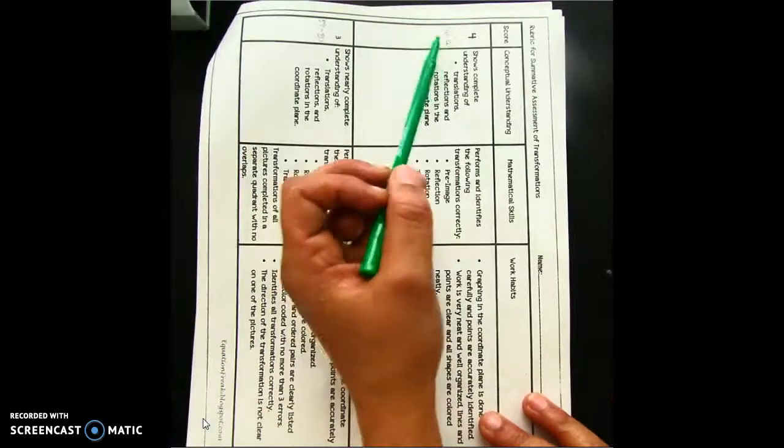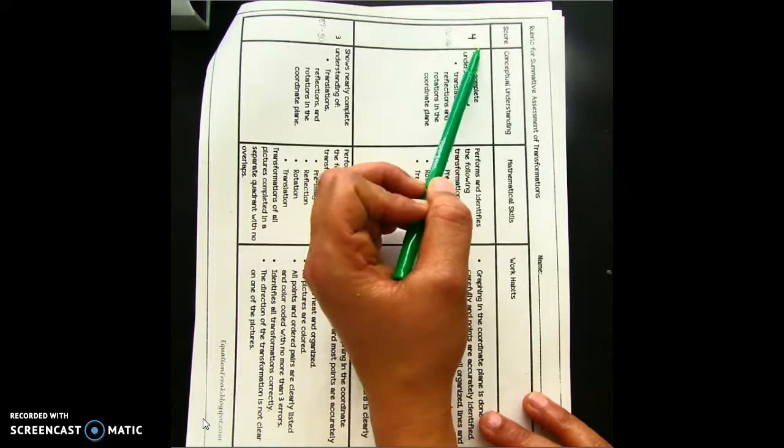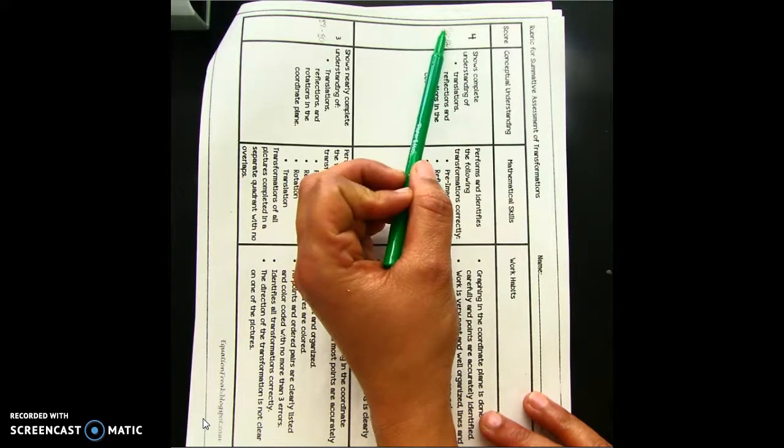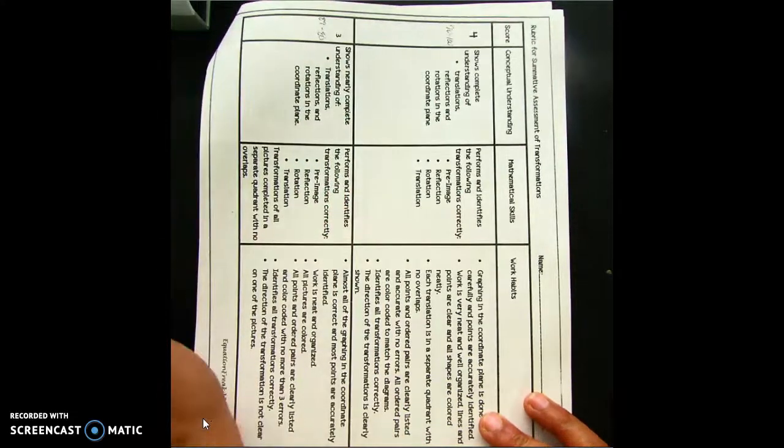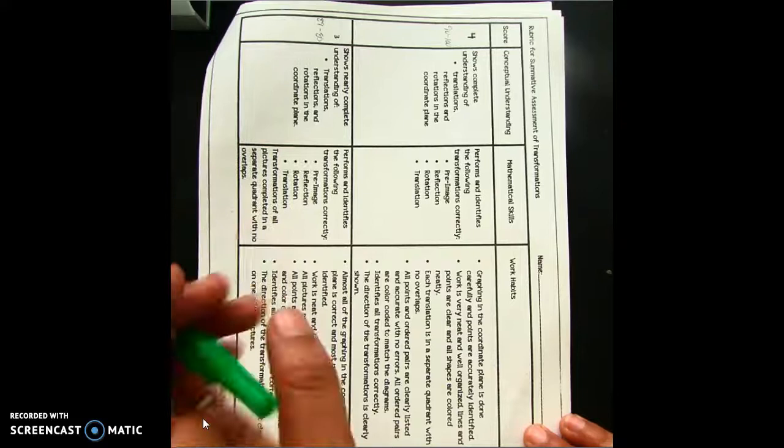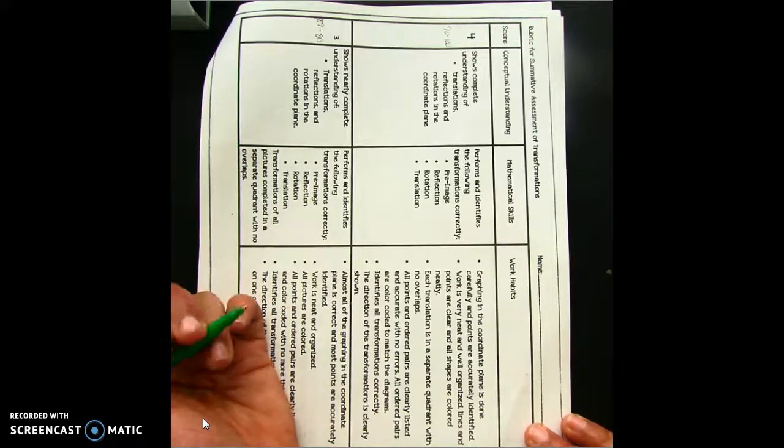On the very back page is a rubric. The points are as follows. If you get high points, you're going to have a 4, which is in this box. You're going to get 90 to 100, and then it goes down from there. 100 is the max if you use your basic shape.